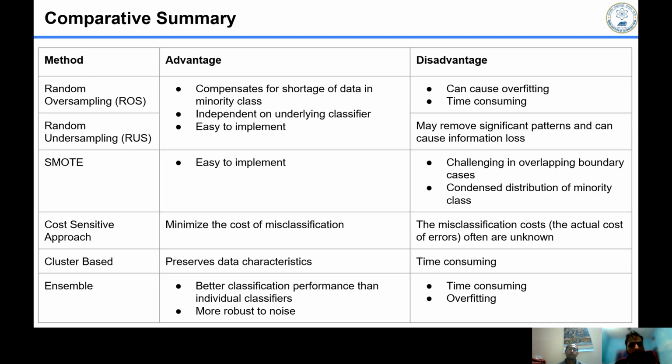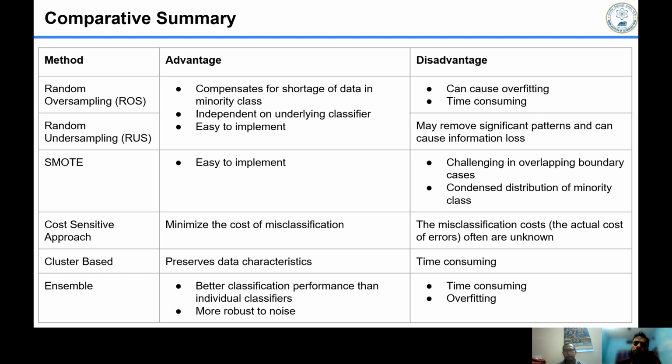Okay, so let's summarize what we have covered so far. Random undersampling and oversampling methods are very intuitive and easy to implement. They work well in general, and they are independent of the underlying classifier algorithms, and that is the reason why they are so popular, and they found application in almost all the areas where a classification model is built.